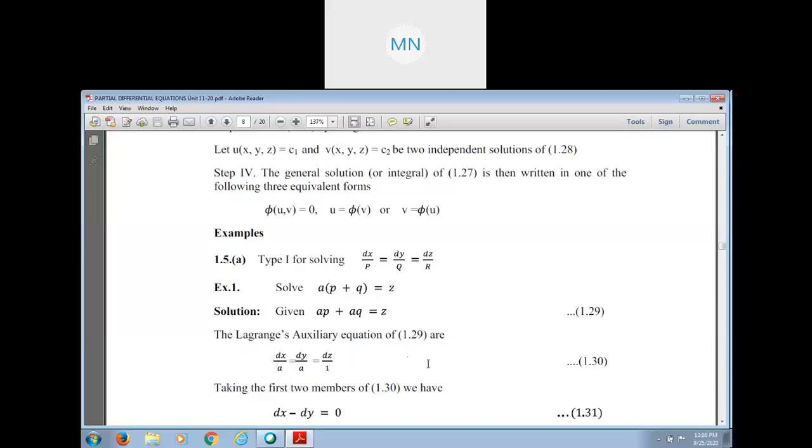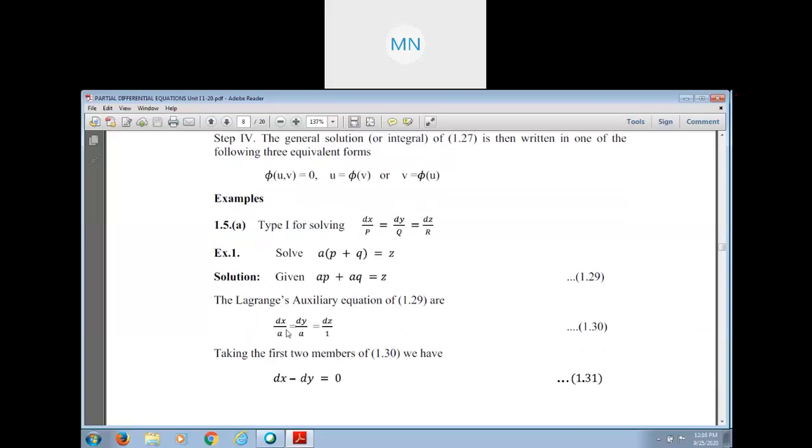Remember, this is the actual method. First take this one. If we take dx by a equals dy by a, then this looks like dx minus dy equals 0.